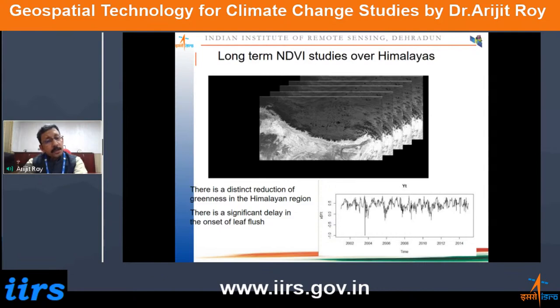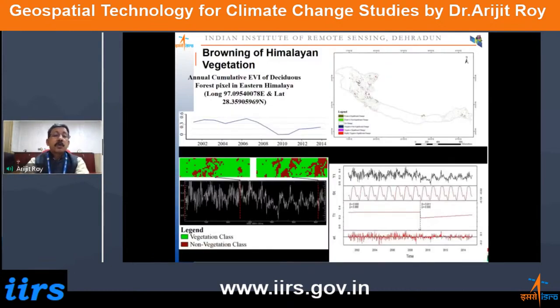It is because of a significant delay in the onset of leaf flush and early leaf fall. So the amount of time the vegetation is green in the Himalaya has reduced significantly. And we have been able to identify various areas which have shown distinct browning because of climate as well as, I would say, anthropogenic induced forcings.